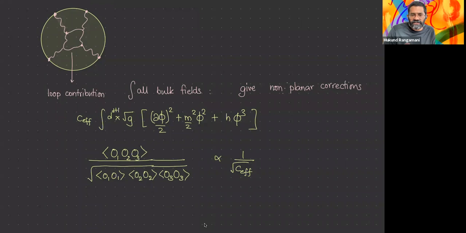Maybe the right way to say it is that what one wants to do is at least analyze in all cases the leading 1 over n correction that can be computed from supergravity. On top of this, you're of course right that there are loop corrections. There are higher order terms which come from bulk loops.